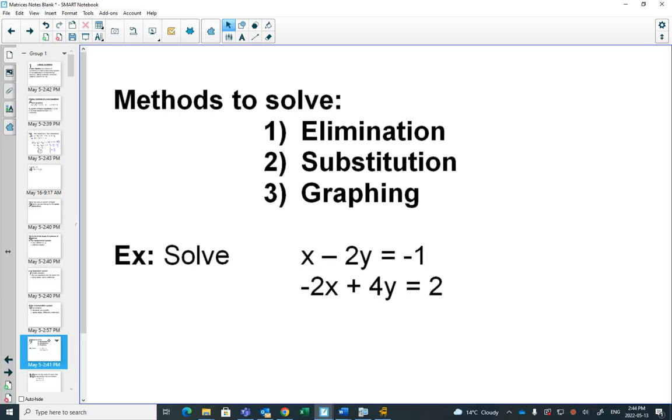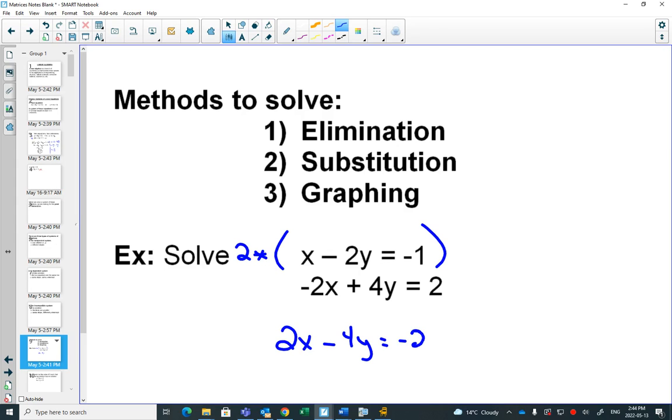So in this case, can you see that I could take equation 1, and if I multiplied it by 2, then I would have a 2x, and on the bottom of the equation I have minus 2x. If I multiply that first equation by 2, I'm going to have 2x, I'm going to have minus 4y, and I'm going to have minus 2. On the bottom of the equation I have minus 2x plus 4y and 2.